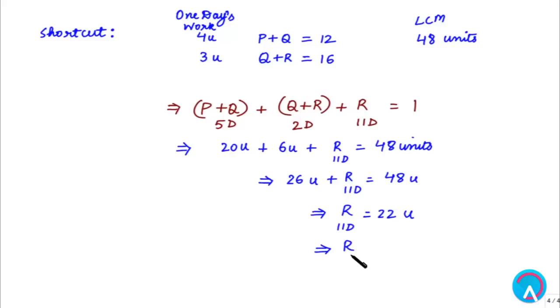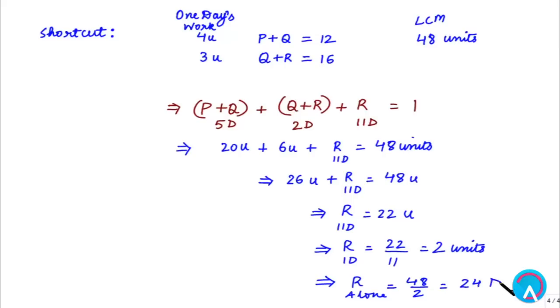So R's 1-day work will be equal to 22 by 11, that is equal to 2 units. So R in 1 day finishes 2 units of work and total work is 48 units. That means alone R will take 48 divided by 2 equal to 24 days to complete the work.